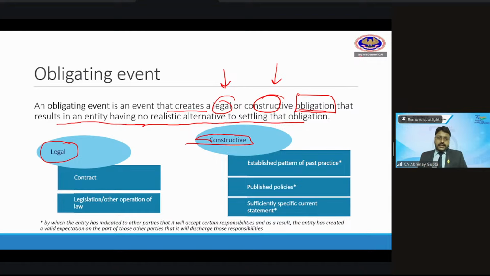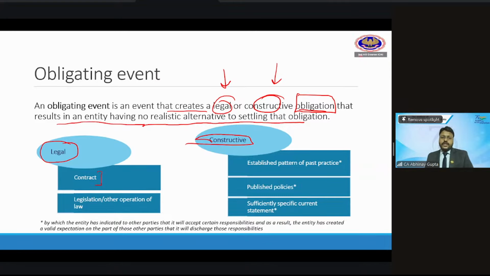So what do you mean by a legal obligating event? Legal means they are contract driven, because contracts are legal documents as and when they are signed by both parties, correct? One party can sue the other party in a court of law based on the signed contract, yes or no? Yes.